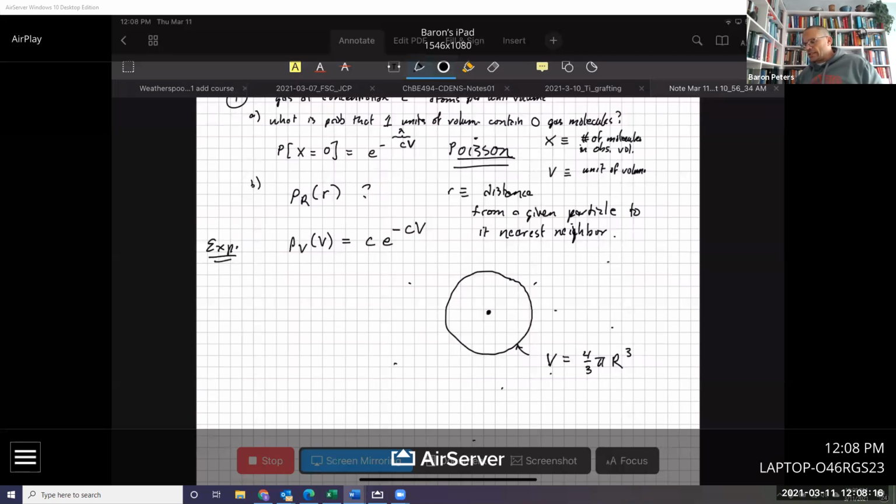I can expand that volume and keep track of it in terms of its volume, or I can keep track of it in terms of R. I should be able to write down the probability distribution either way, because they really mean the exact same thing.